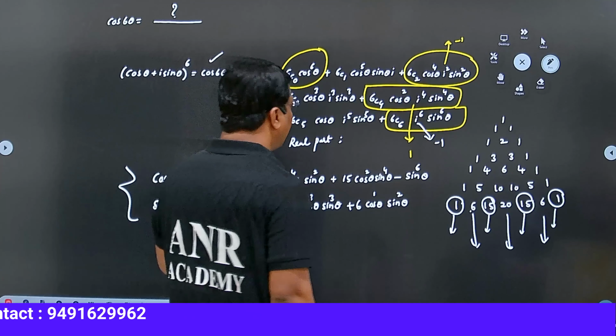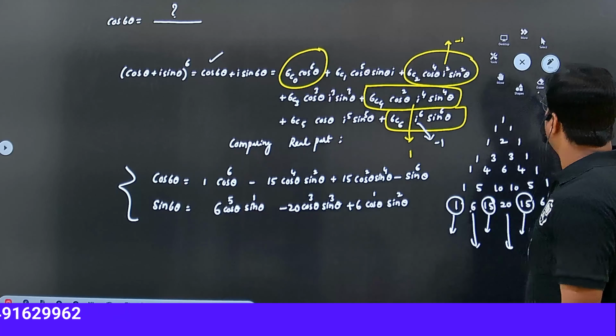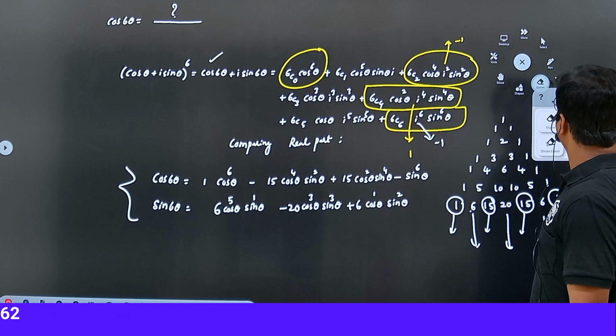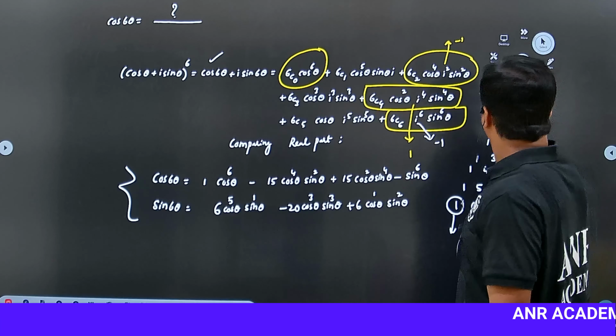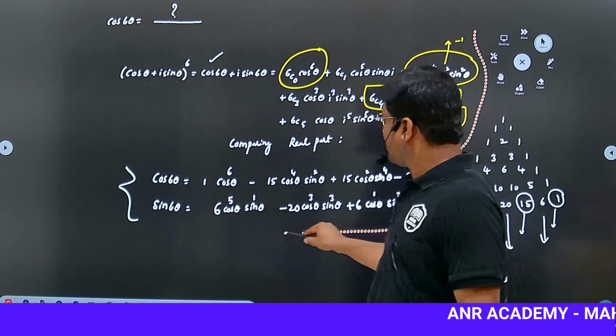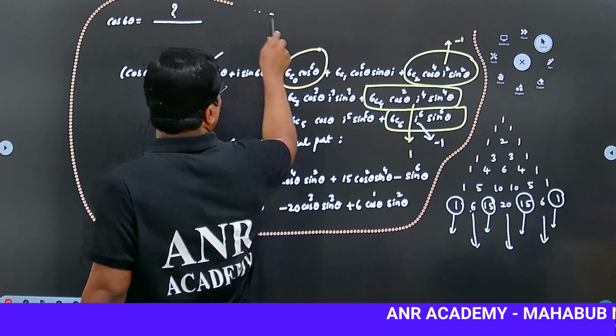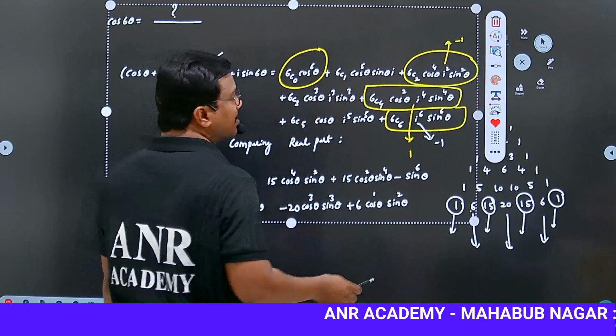Now in a simple way, let us write sin of 8 theta and cos of 8 theta.